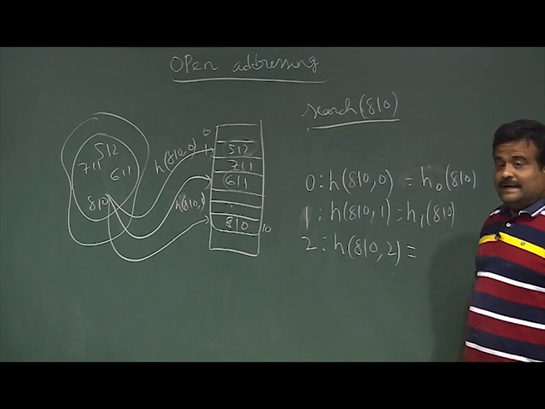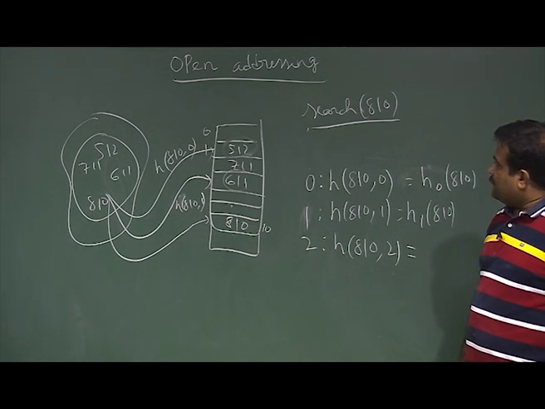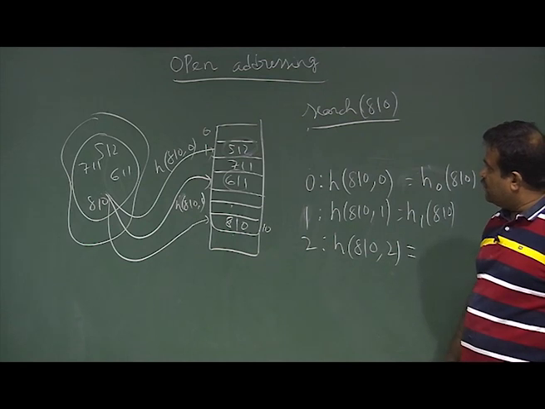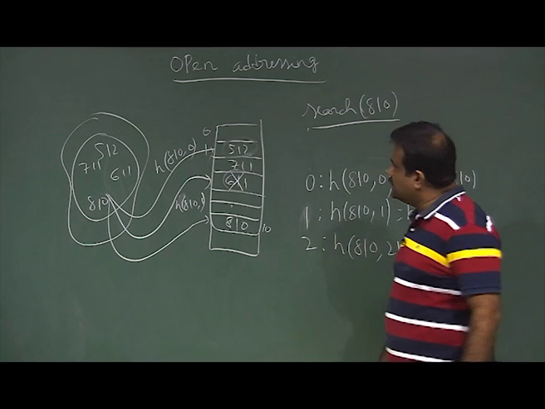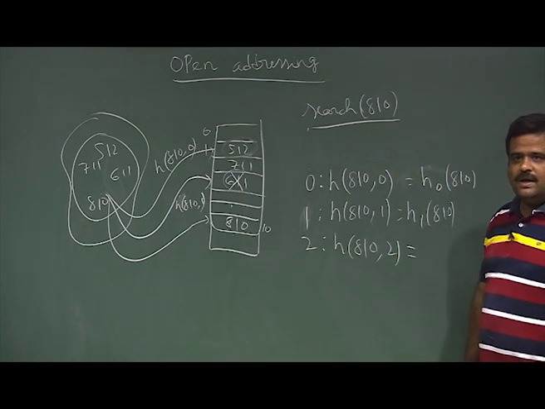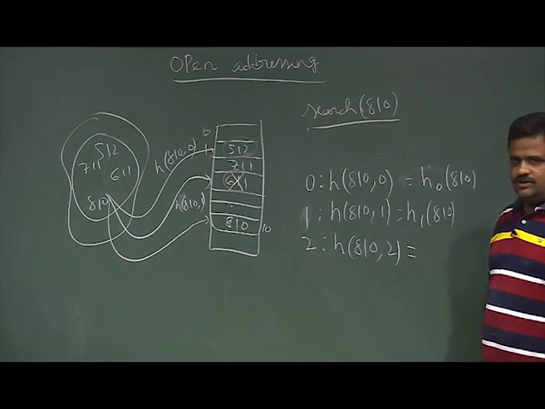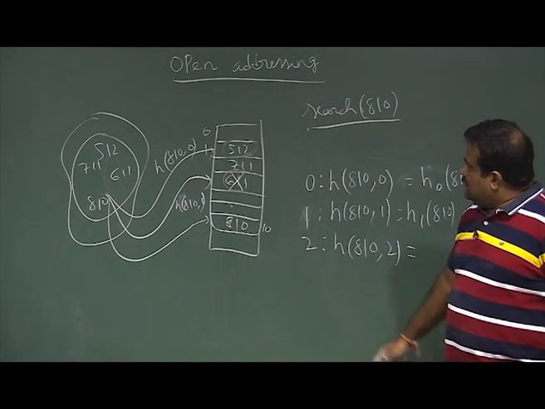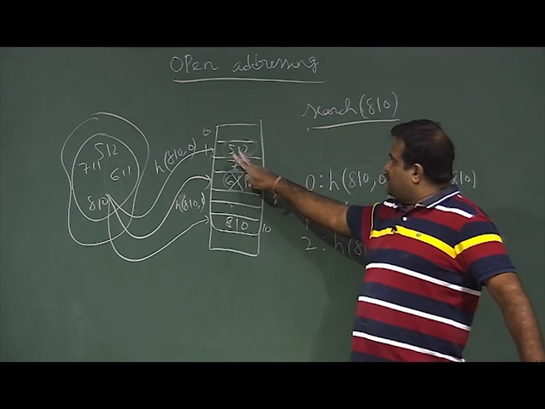Now, deletion has to be tricky here, because suppose we delete this 611, and then after the deletion we search for 810. Then what will happen? We do this probe sequence: in the 0th probe, we hit here.